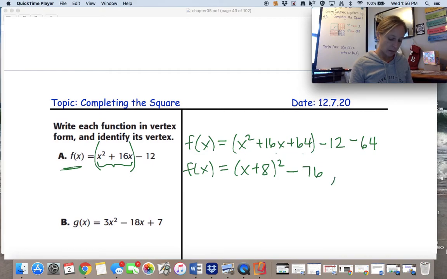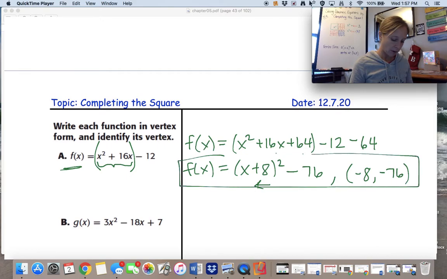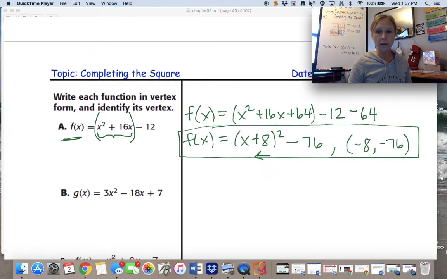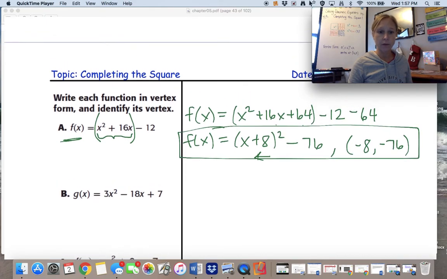The vertex, remember, this means that I'm going left 8 when I see that positive 8 in there. So left 8 would be negative 8 and then down 76. So this is my answer right here, both of these parts. The first is my vertex form and the second is where is the vertex located. We'll do 2 more together and then that'll be it for the videos this week.